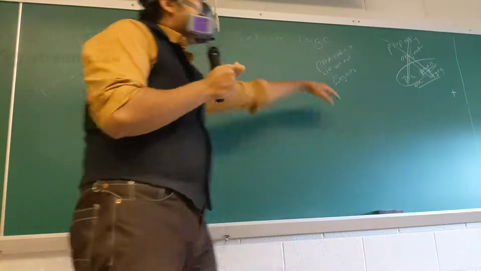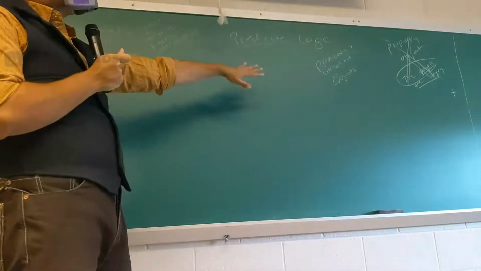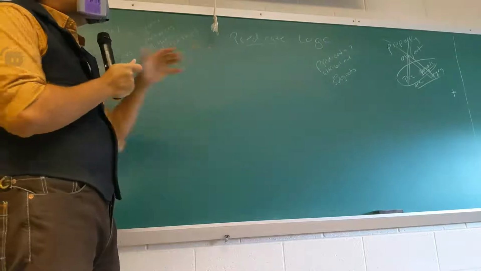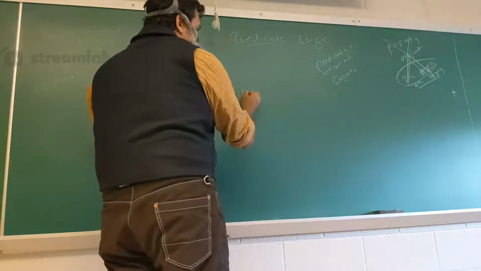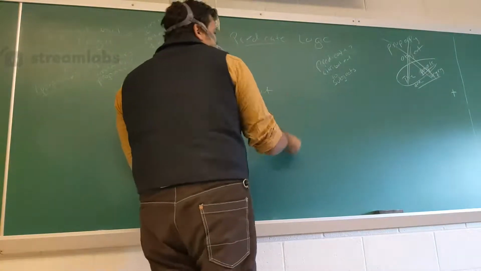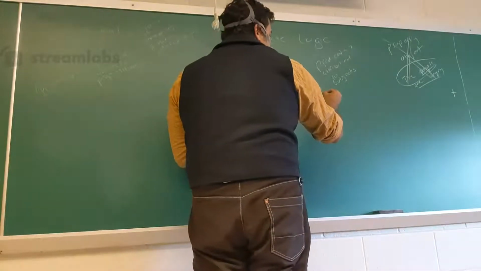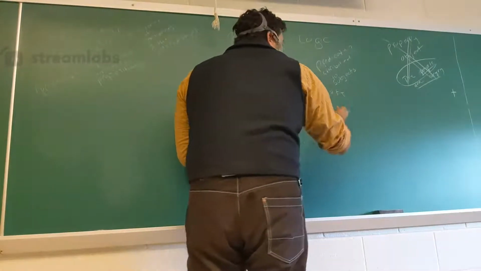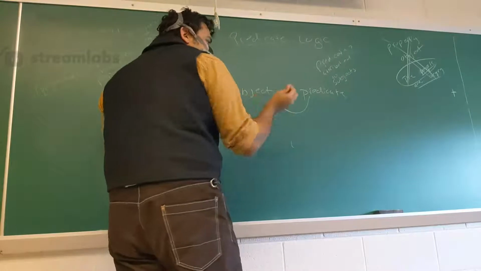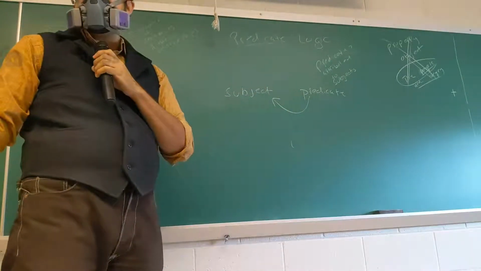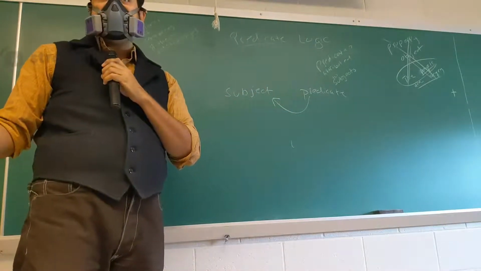Okay, sorry. Now let's get into more concrete stuff. So if we're just looking at the grammar, we have the subject, we have the predicate. The predicate is attributed to the subject. Now you can attribute multiple predicates to a subject, right?